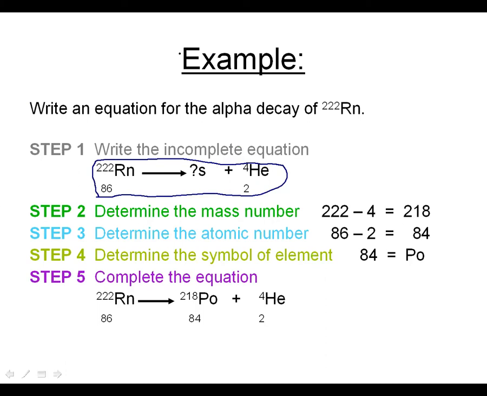So the first thing we're given is our starting atom, with atomic number 86, plus our alpha particle. Again, this is an alpha emission.